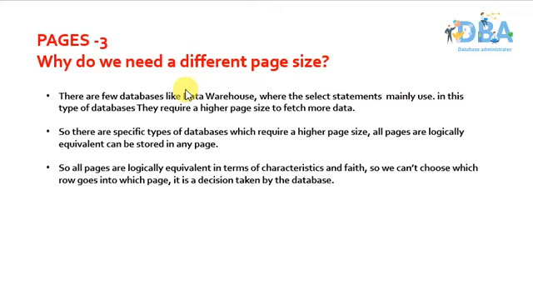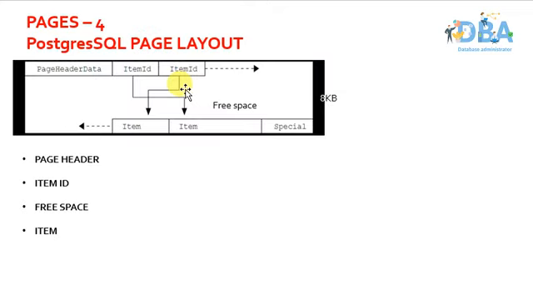So now we are going to look at the layout of that page. You can see this is the page and there are certain items we are going to discuss. This page size is by default 8 KB.